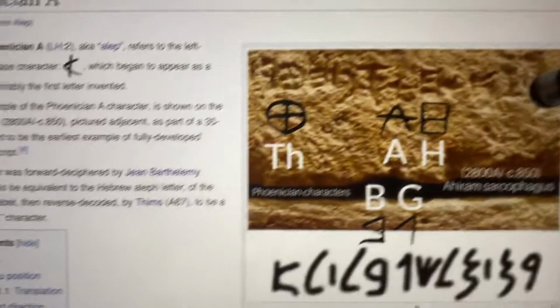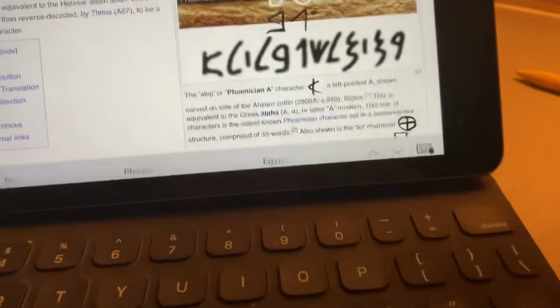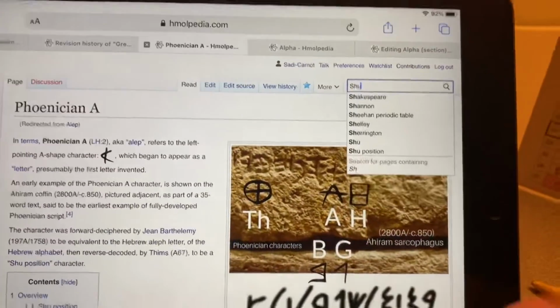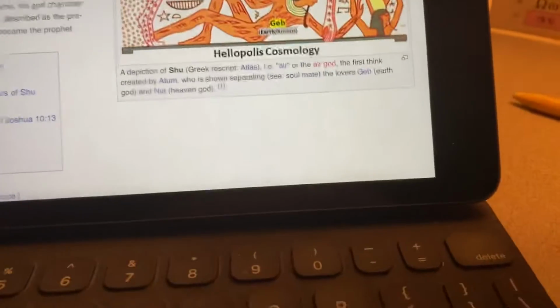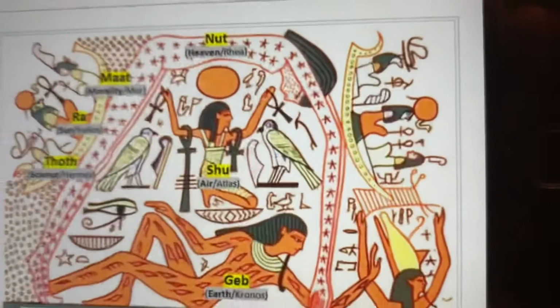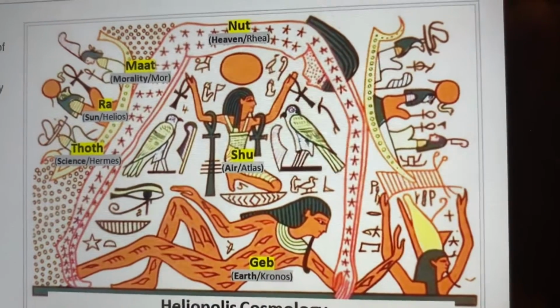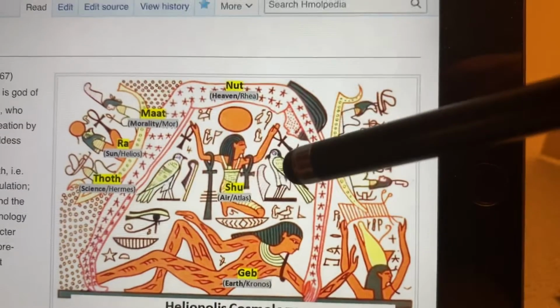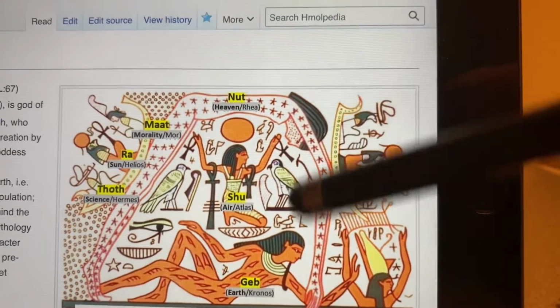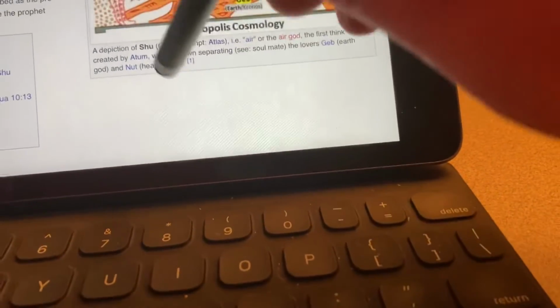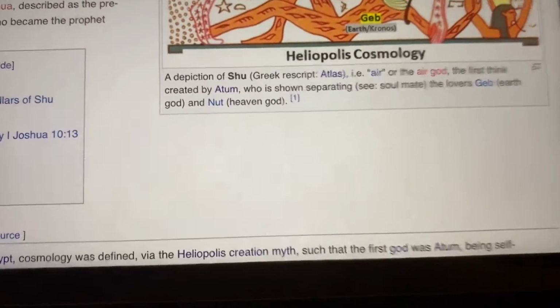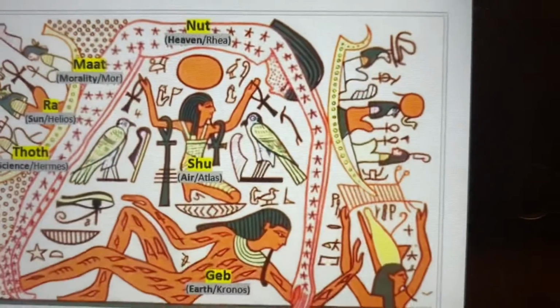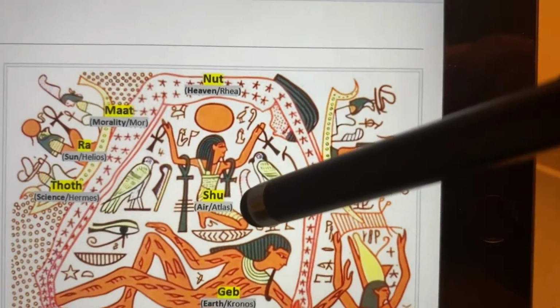So here we see the whole cosmological scheme. Shu separating Geb and Nut, or A separating B and G. But Shu in Greek mythology becomes Atlas.